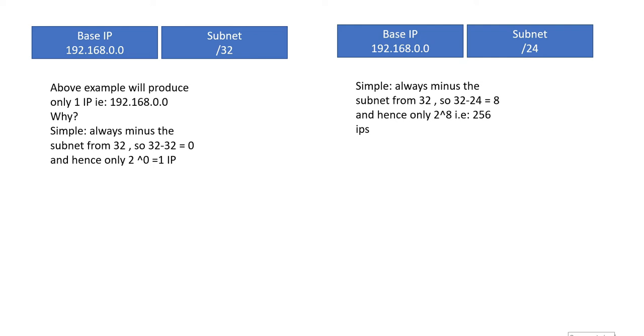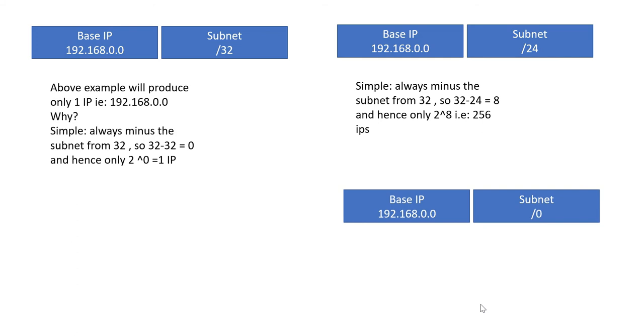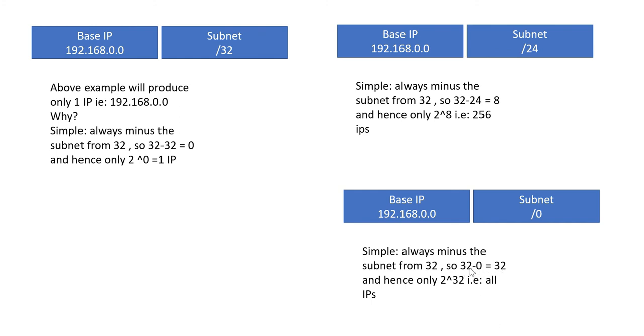If we use subnet 0, 32 minus 0 is 32, and hence you do 2 raised to 32, that is all IPs, approximately 4 billion. So point to be noted: /32 is one IP, /0 is all IPs.